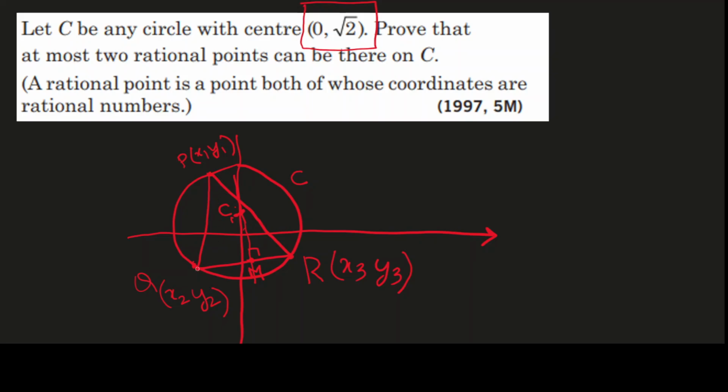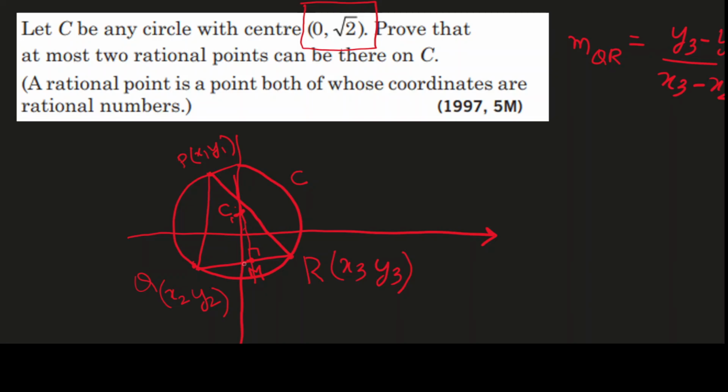Now what is the slope of QR? The slope of QR is (y3 minus y2) by (x3 minus x2). Now y2, y3, x2, x3 are all rational, so the slope of QR is rational.